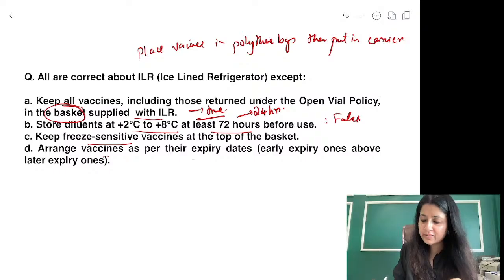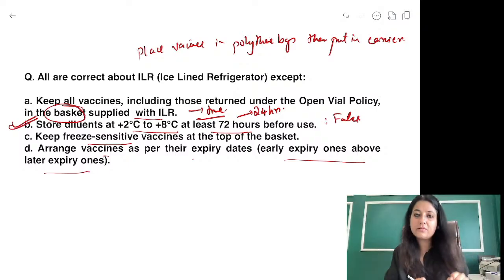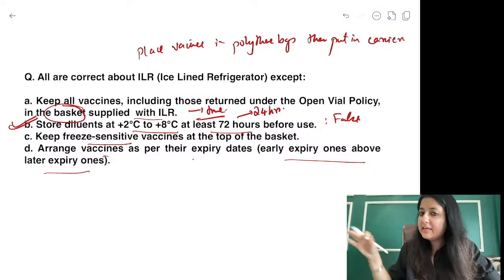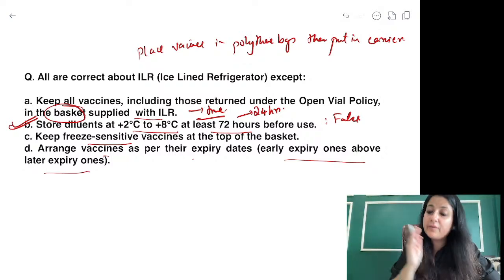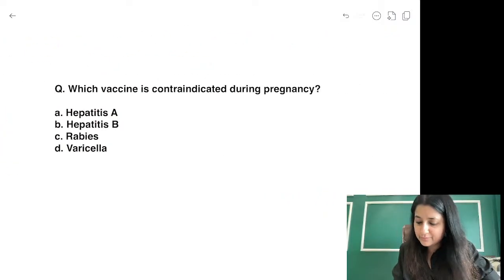Arrange vaccines as per expiry date, early expiry ones above, later expiry ones below. So what is the incorrect statement here? This one. Suppose I don't have space in the ILR or in the domestic refrigerator. I keep the diluents here at room temperature, but 24 hours prior to the session, I need to bring them to the same temperature. Okay, this was just a tricky MCQ.